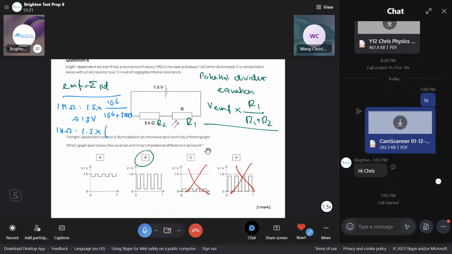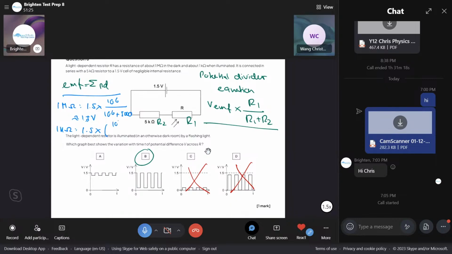It looks nicer in comparison to the one on top. 10 to the power of 3 over 10 to the power of 3, and of course still the 5,000. So when the resistance in the variable one drops significantly, that one becomes more significant as well. Here it's nearly negligible. That's why we can say it's basically still 1.5 volts.